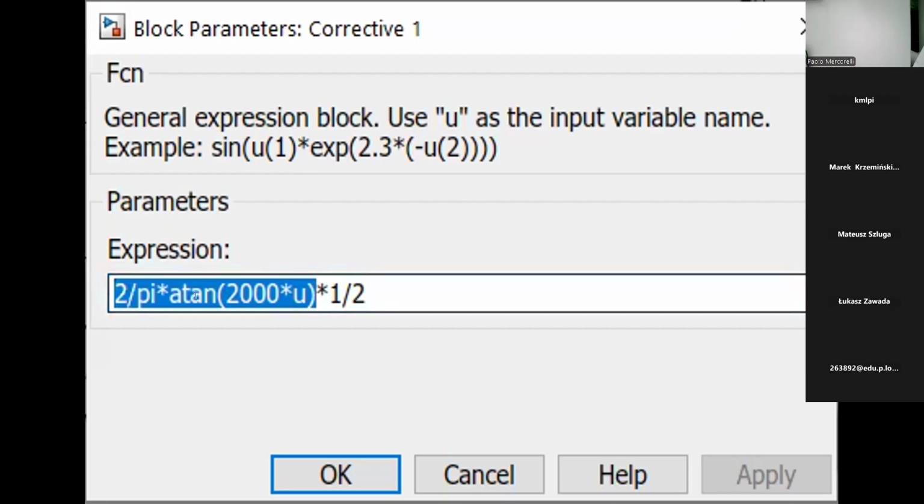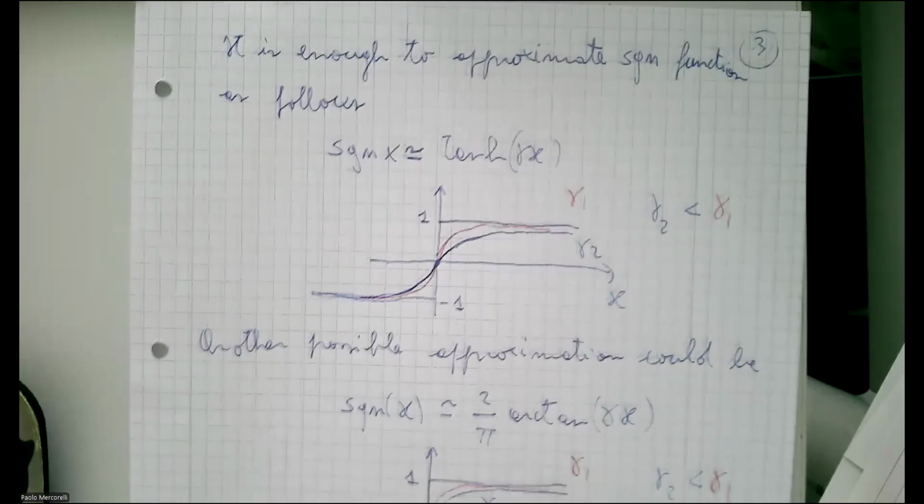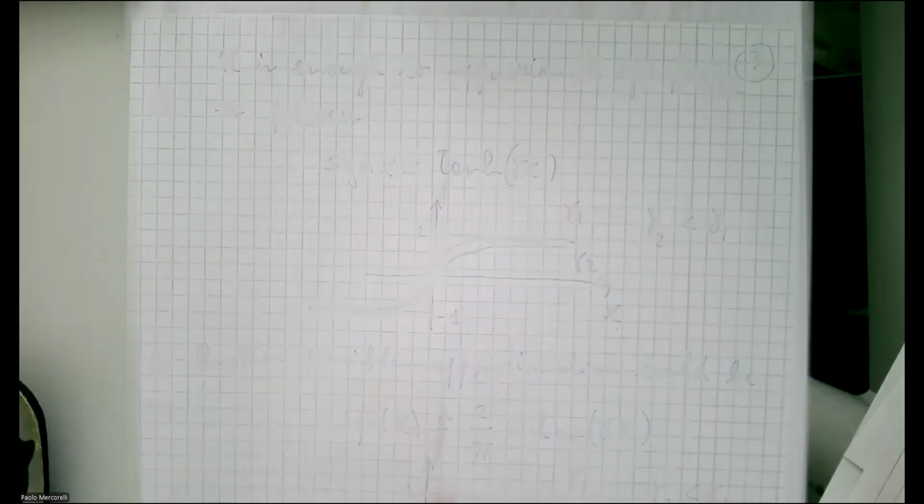This coefficient here inside allows to approximate better and better this ideal sigmoid function. I don't know if it's important to show you a little bit what I intend. No? One second. Exactly this case here.